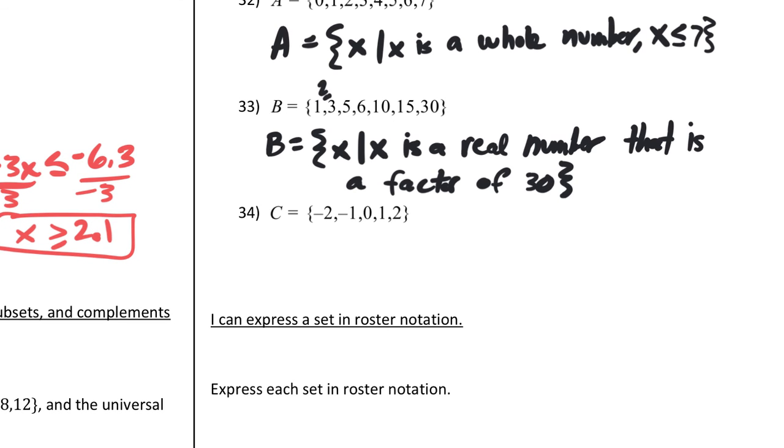Okay. Let's look at number 34. For 34, these look like integers. They're definitely integers from -2 to 2. So C is curly braces, x such that x is an integer.